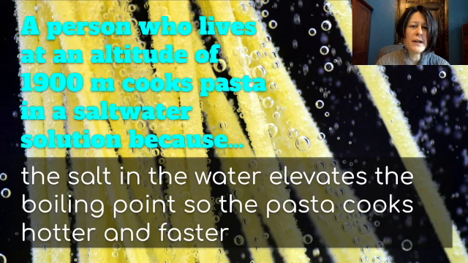So, a way to counteract this is a person who lives at an altitude of 1,900 meters cooks pasta in a saltwater solution because the salt in the water elevates the boiling point so the pasta cooks hotter and faster. So, when you're at a lower altitude, sometimes we add the salt to the pasta just because we like the taste, really.